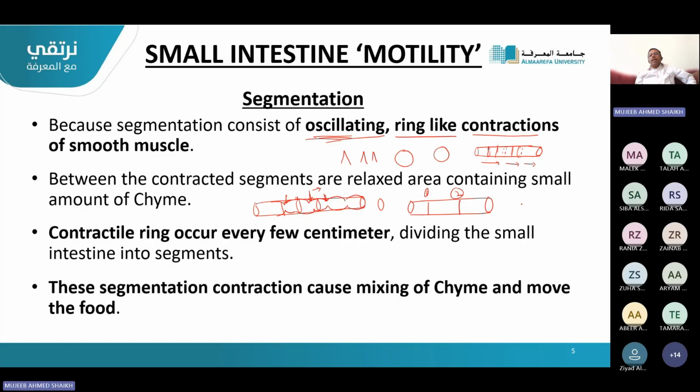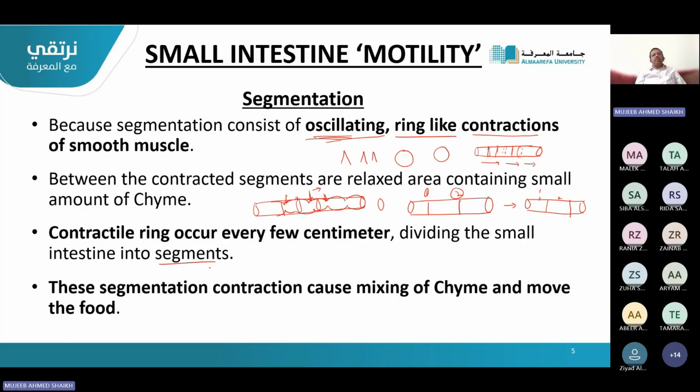After some time, they will be contracting in different places. Suppose one was here, so it will start contracting here. Two was here, so it will contract at another place. So contraction rings will appear every few centimeters after some time, dividing the small intestine into segments.